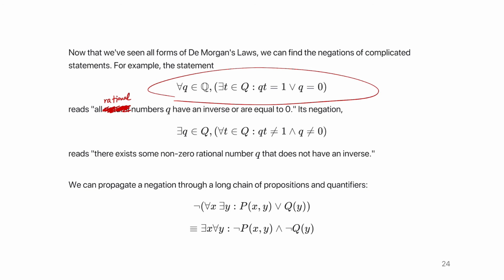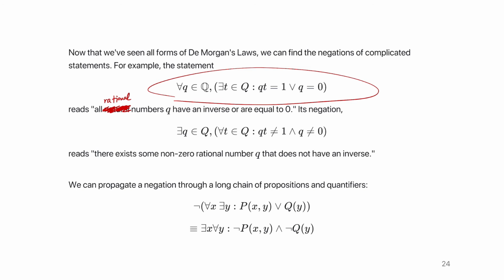What this is saying is for all rational numbers Q, there exists some T that's also rational such that Q times T is equal to 1, or Q is equal to 0. Essentially, and you'll get more practice with converting these things from a robotic sounding thing with the ors and ands to something that reads a little more smoothly, like all rational numbers Q have an inverse or are equal to 0.